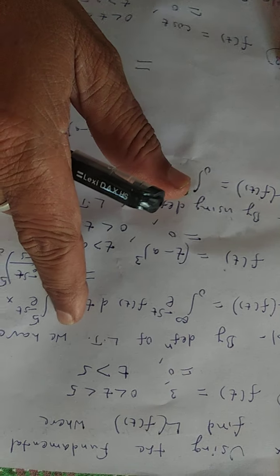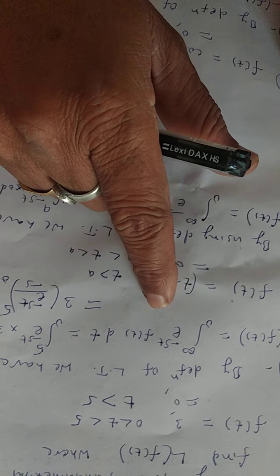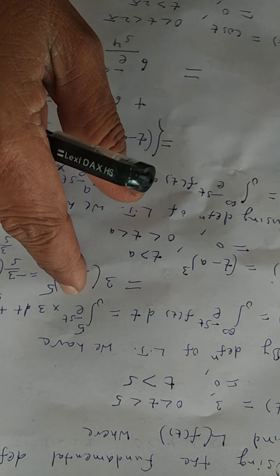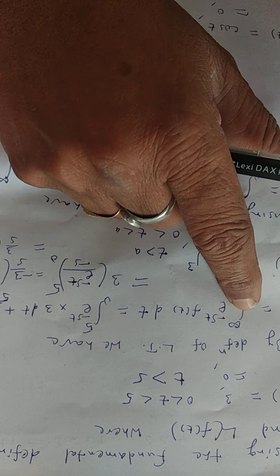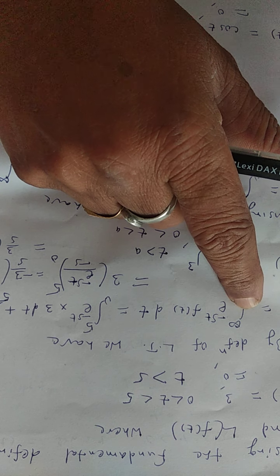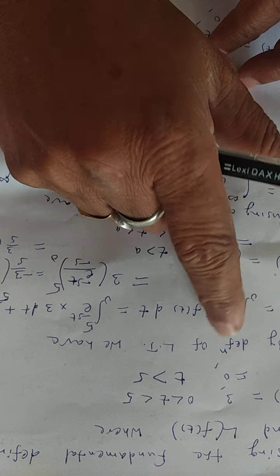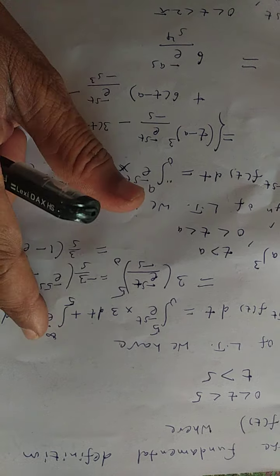By definition of Laplace transform, we have L of f(t) equal to integral 0 to infinity e raised to minus st f(t) dt. This 0 to infinity we divide into two parts, as we have seen in the properties of definite integral: 0 to 5 and 5 to infinity.